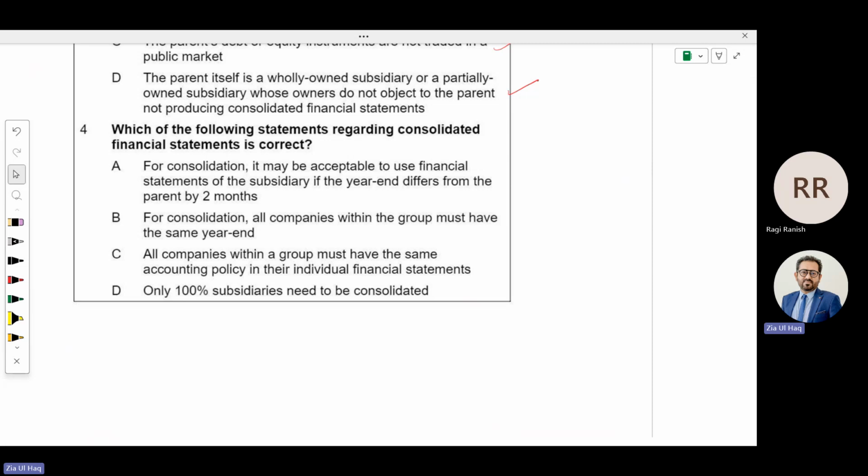No, they could be different. All companies within a group must have the same accounting policies in their individual financial statements. No, they could be different. Only 100% subsidiaries need to be consolidated. No, more than 51% need to be consolidated. These are illogical.